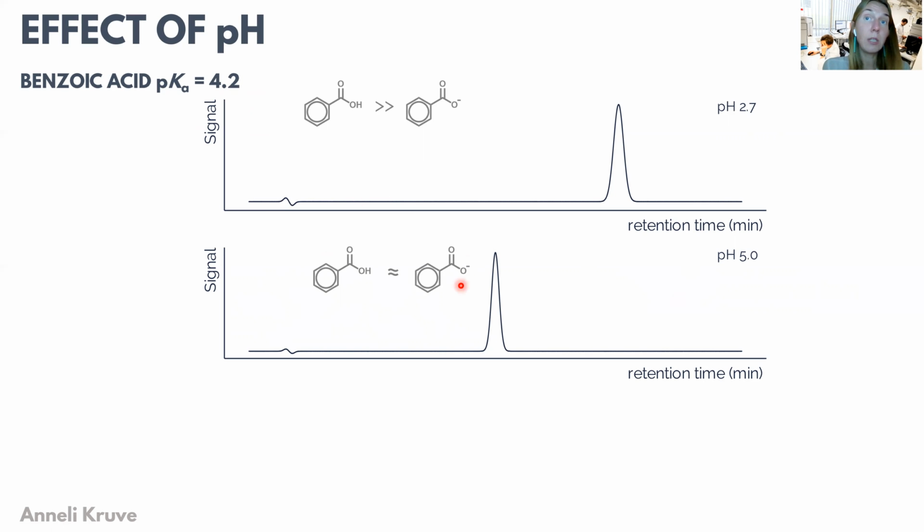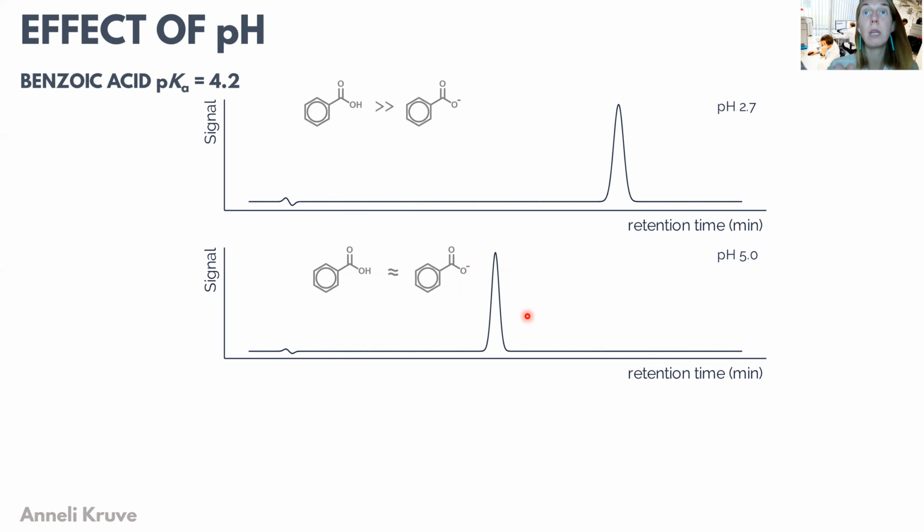The effect on the chromatogram is that now the anionic form is dominating, its relative concentration in the solution has increased compared to the pH 2.7 mobile phase, and we see that it is interacting more strongly with the mobile phase, and therefore it is also eluting faster from the column.